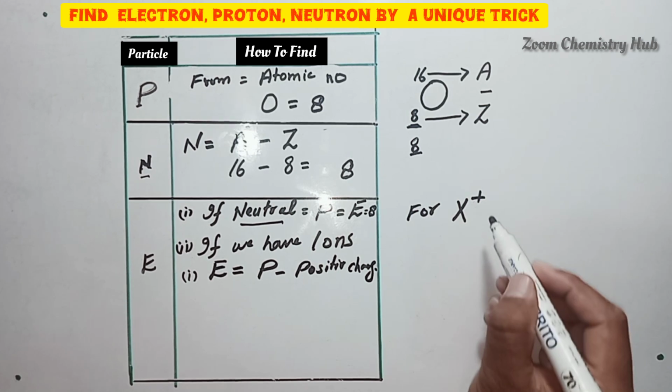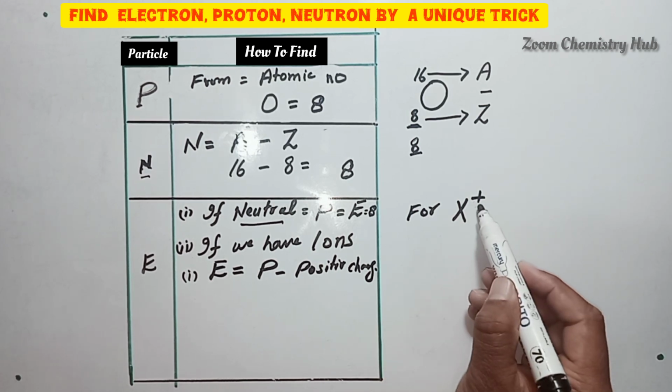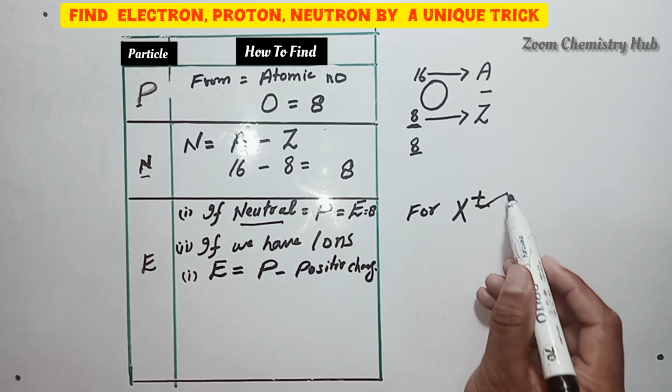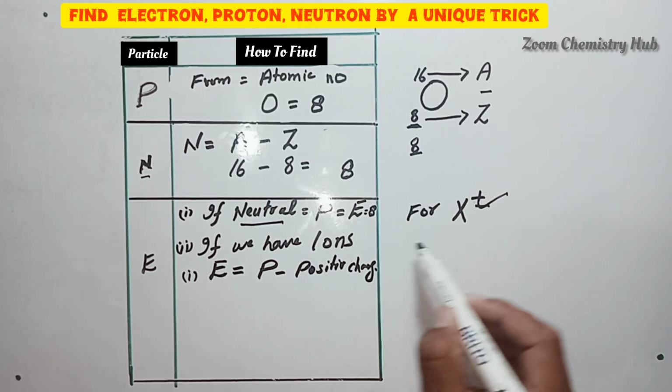So we simply subtract the positive charge number from the number of proton.